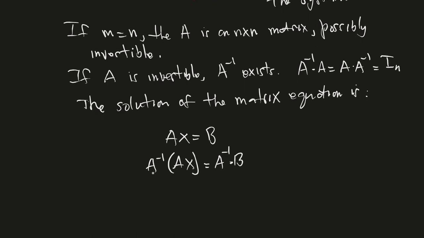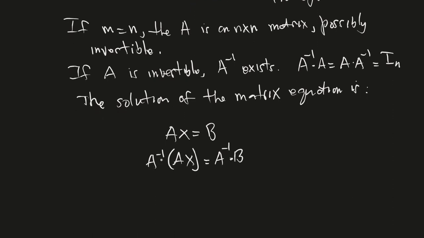And then use one of our matrix properties where we have the associative property. So we have A inverse times A, like this. I can group the first pair instead of the second pair, still have my x there. And then by definition, use this fact, right, that the product of A inverse times A is the n by n identity, that's times x.